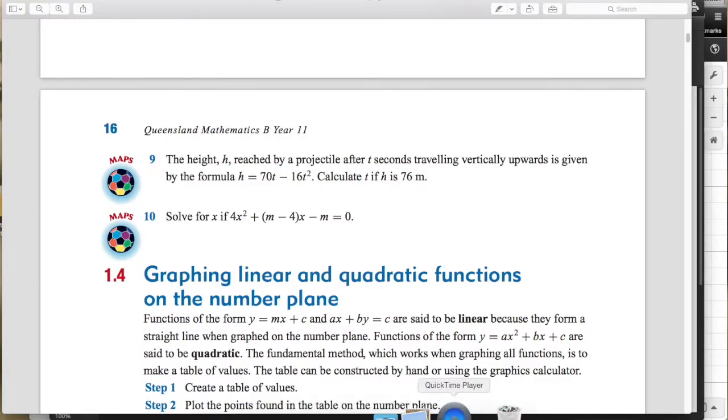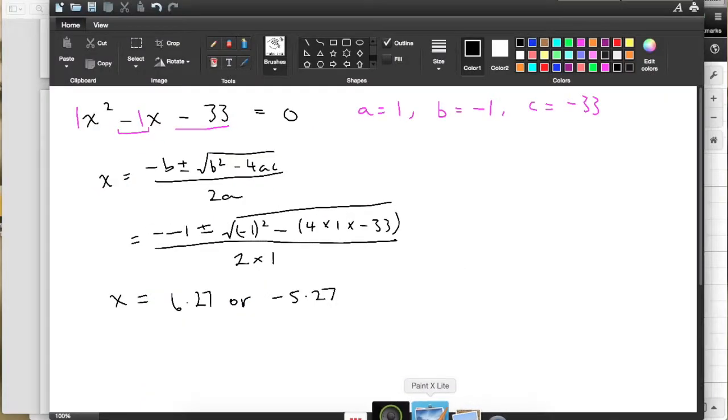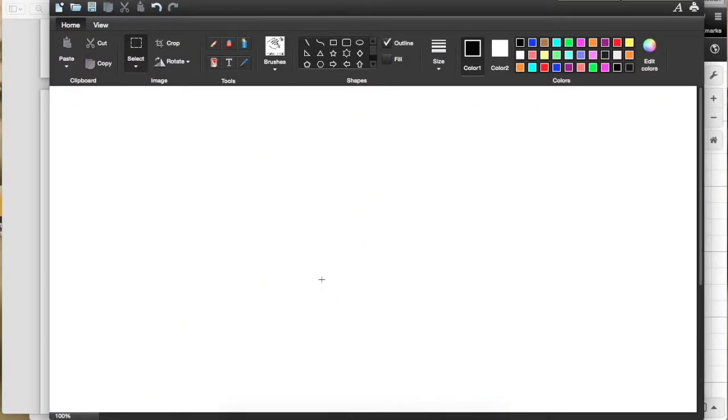So think about a projectile. It says it's traveling upwards, but you can use some common sense to figure out that it's going to go up and then eventually come back down. Okay, probably a little bit nicer than that, forgive my drawing, but the projectile will come down at some point.